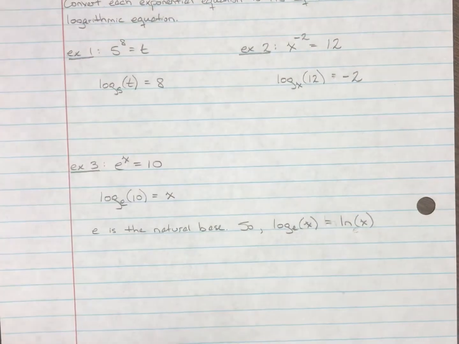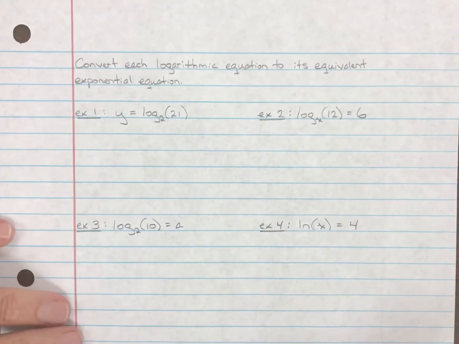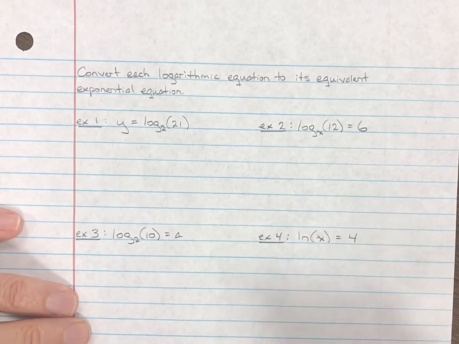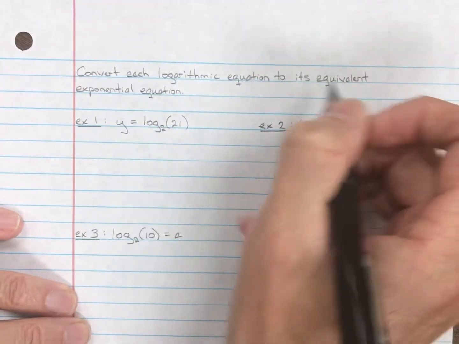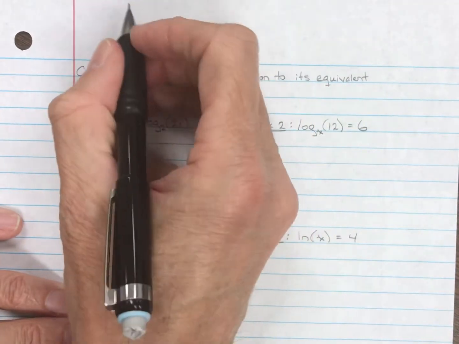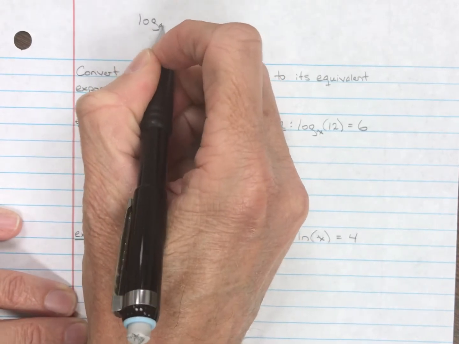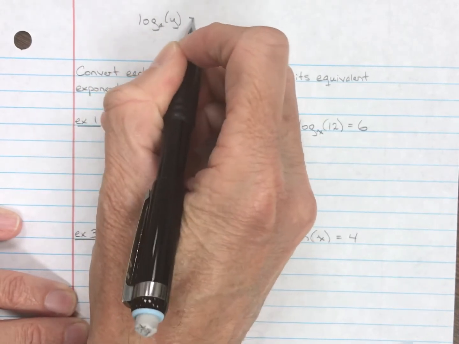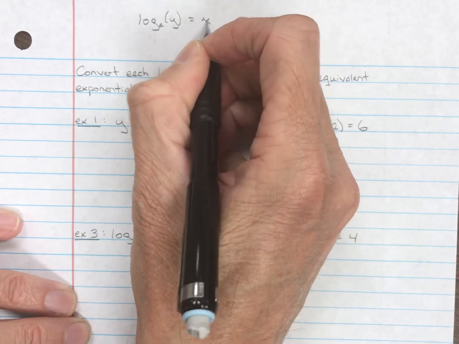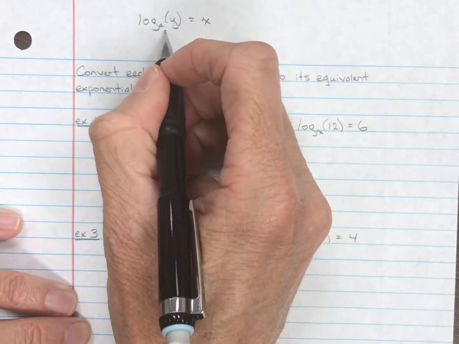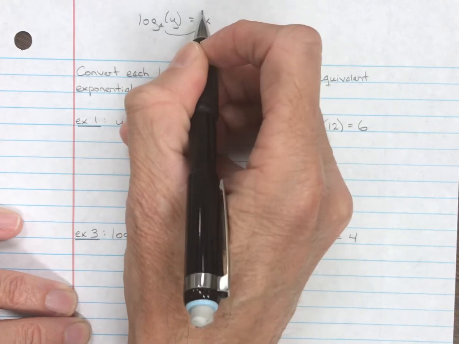All right, let's go the opposite direction. Let's convert from the logarithmic equation to its equivalent exponential equation. So here I have log base a of y. I'm going to rewrite this up at the top so we have it as x. One of the ways I like to do it is I go like this.